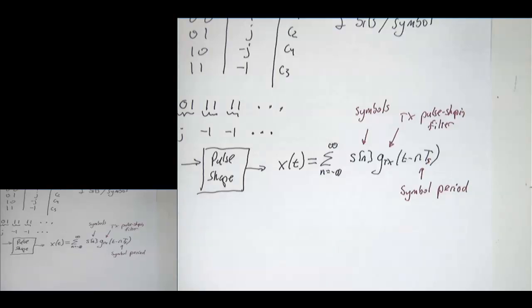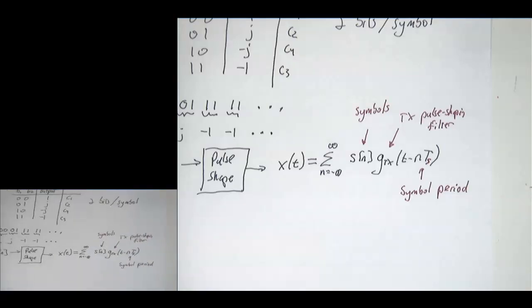Now, as an example, I'll put the example on a different page. Suppose that we had a pulse shape that, for sake of argument, looked like this.